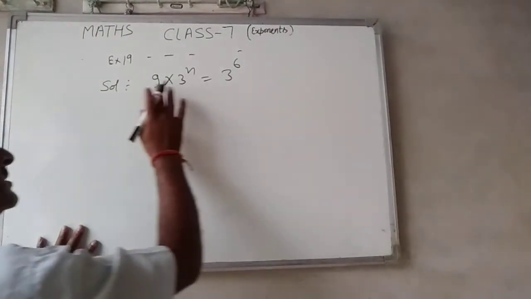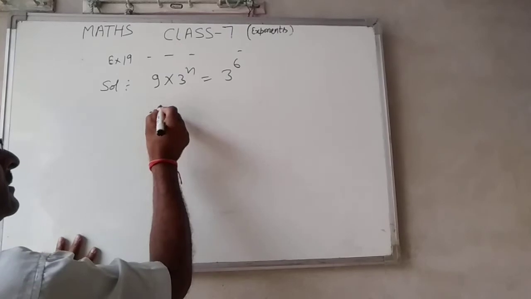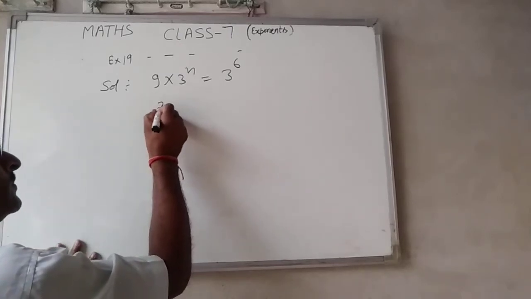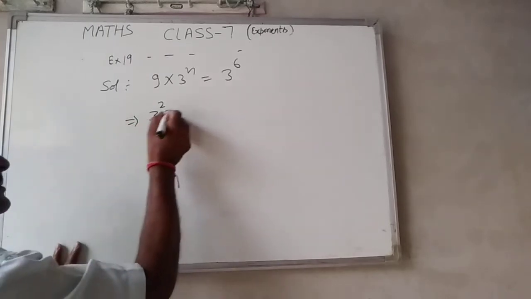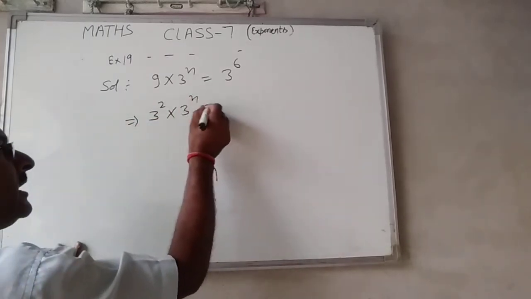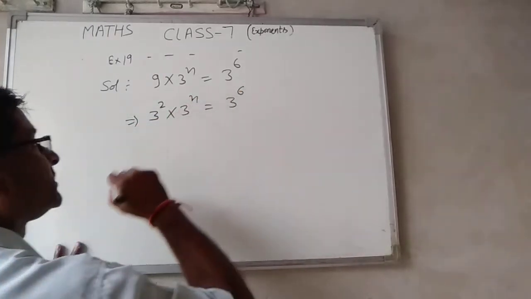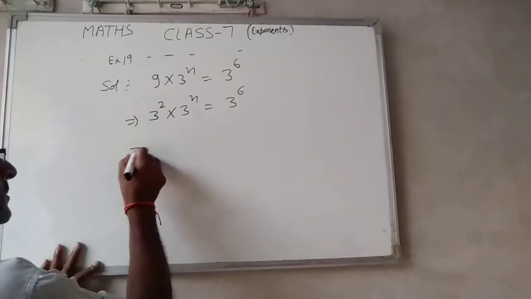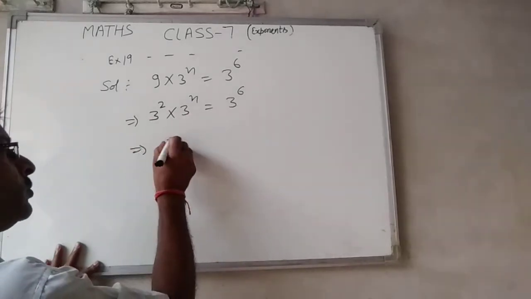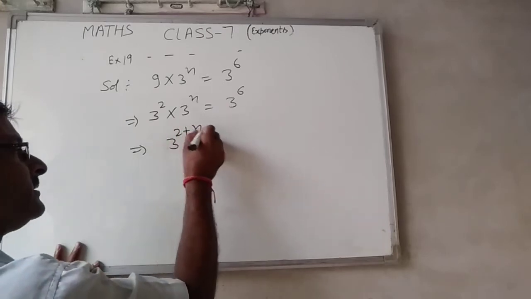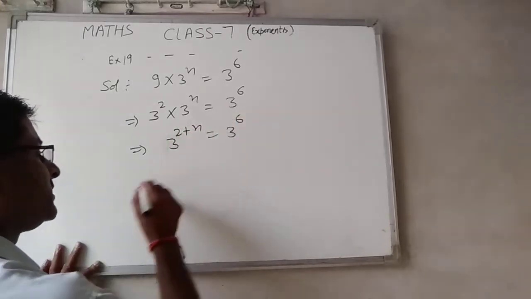You can express all in exponential form with the same base. So 9 can be written as 3 to the power 2, times 3 to the power n is equal to 3 to the power 6. Bases are the same, so powers can be added: 3 to the power 2 plus n is equal to 3 to the power 6.